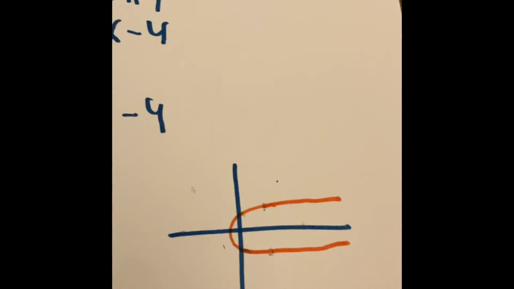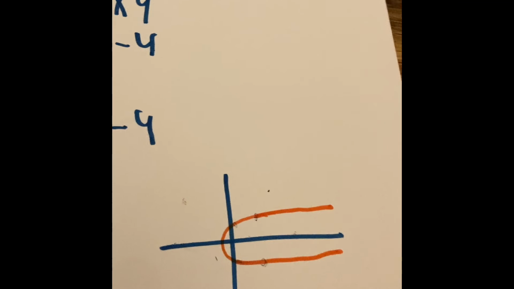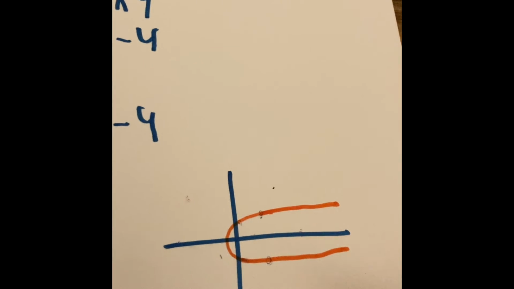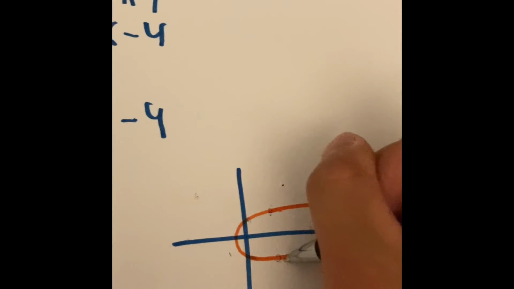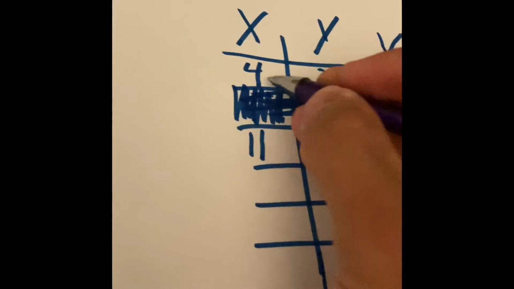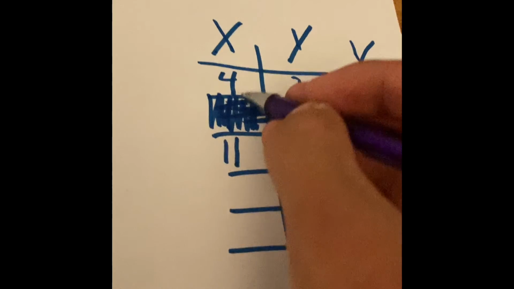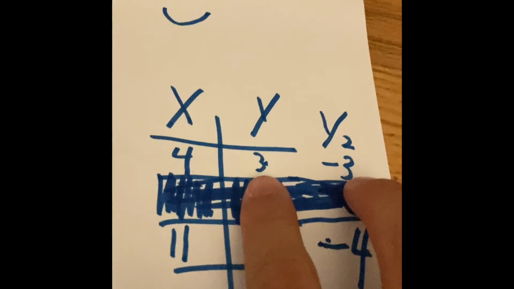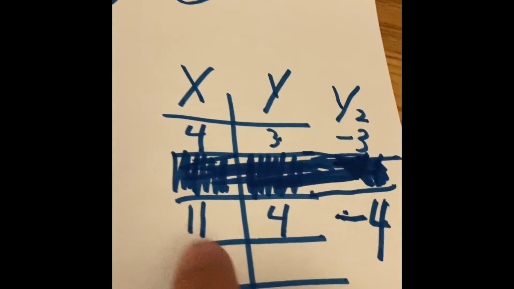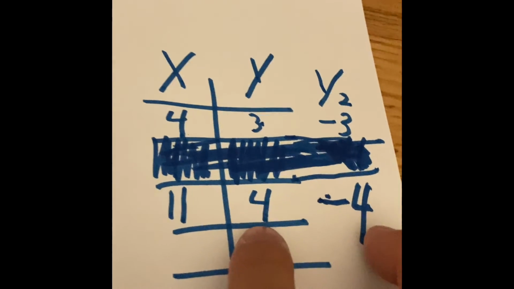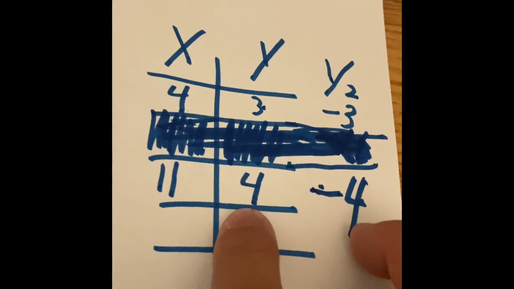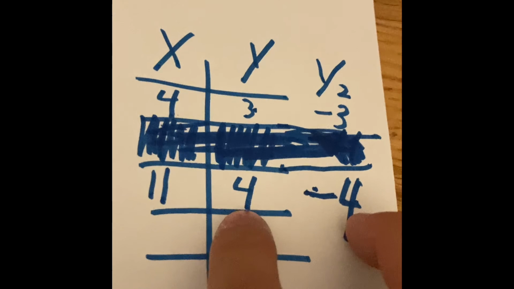What you saw when we were graphing. And the thing is, there are two solutions that appear when you put one solution for x in. 4 will bring you to negative 3 and positive 3. And 11 will bring you to 4 and negative 4. This is what a function does not do.